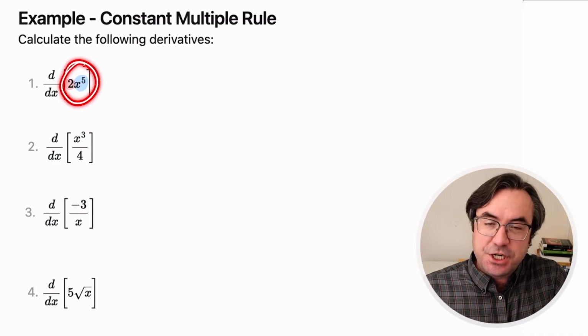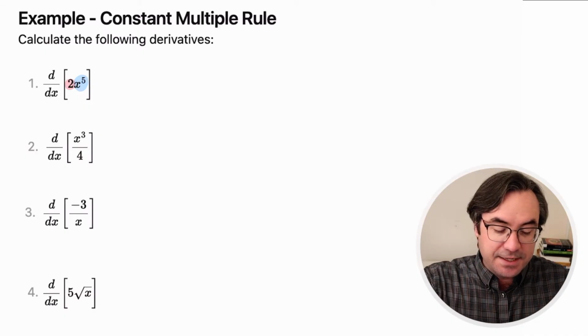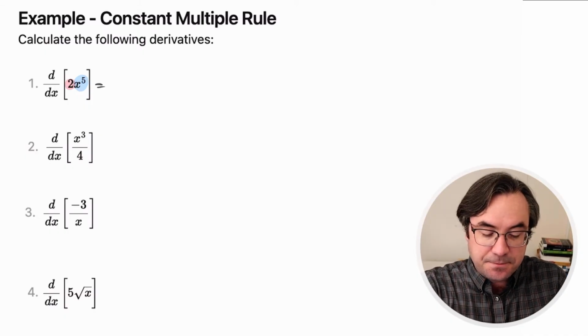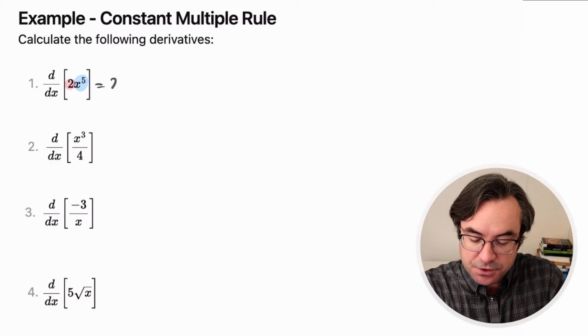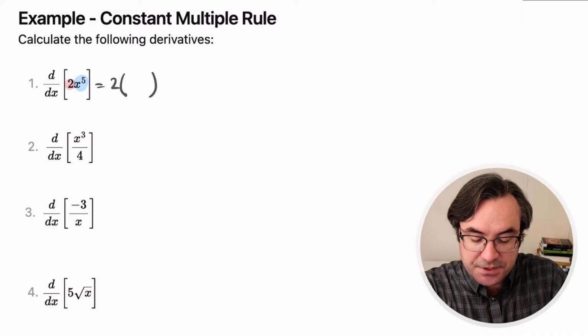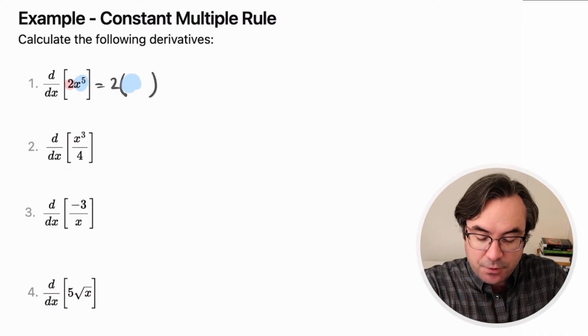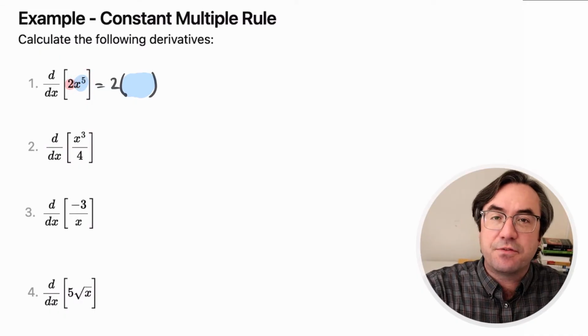So we want to differentiate this whole thing. Well, what this rule says is that constant 2 is just going to stay in front. Just write that constant multiple. Then we'll put some parentheses. And inside the parentheses, we're going to compute our derivative of x to the power 5.